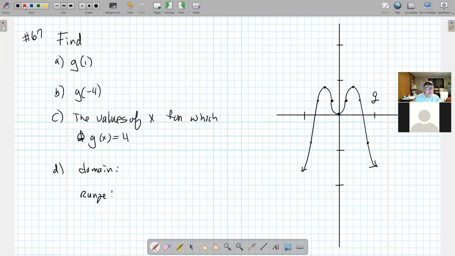All right, so g of 1. When x is 1, what's y? 2. G of negative 4. When x is negative 4, what's y?